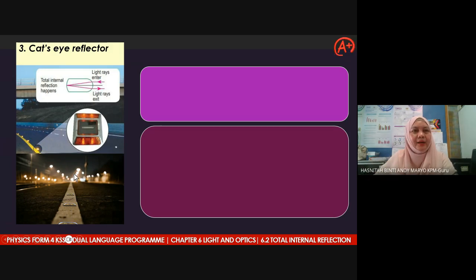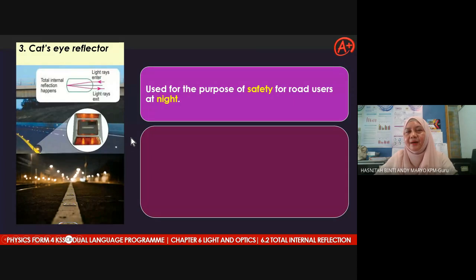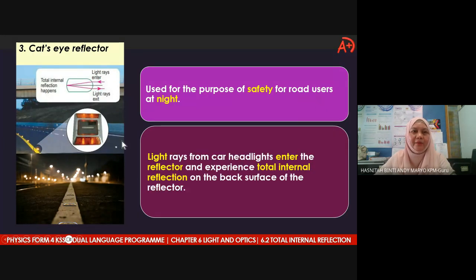So this cat eye reflector works based on total internal reflection, especially to help road users at night or during dark conditions. So what is the purpose? They are used for safety purposes for road users, especially at night. Okay, so how does it function?